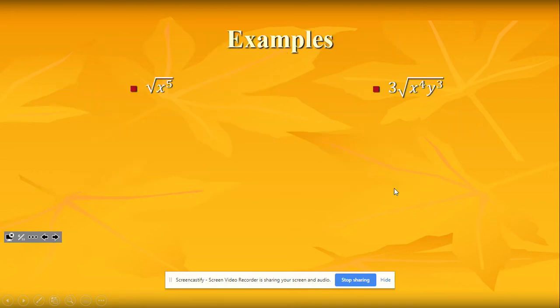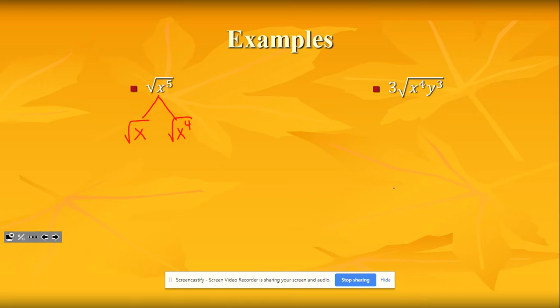Here's a couple of examples for you. I'll do radical x to the fifth, and then pause the video to do 3 radical x to the fourth, y to the third. 5 is an odd number, so I want to break it down into the variable itself underneath a radical, and then 1 less than the original. The original was 5, so I break it down into x and x to the fourth.